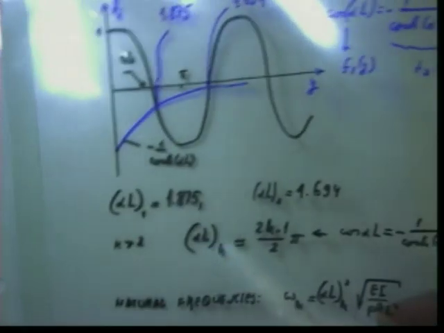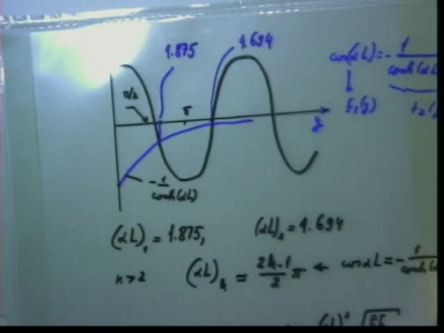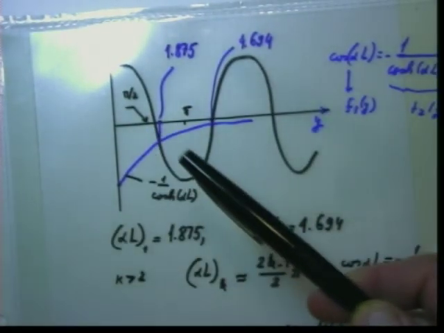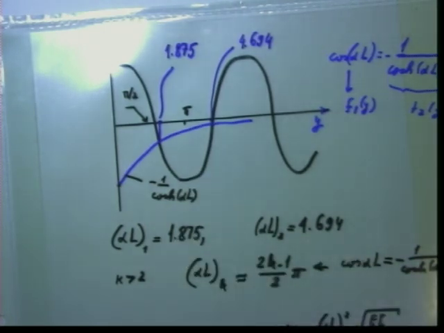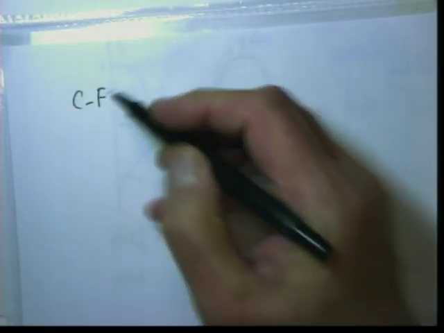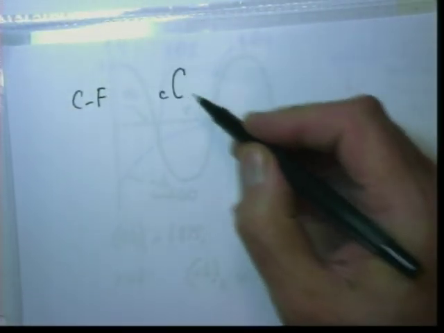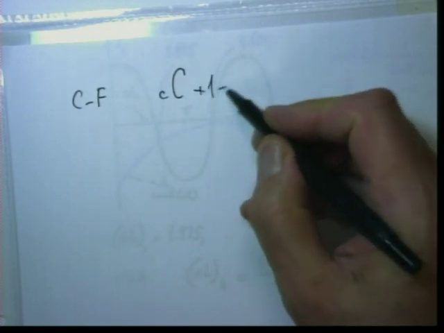Now, let us see, please, what happened to our clamped free beam. Okay, this is a clamped free beam natural frequencies. So here we had the difference. Here we have clamped free, that is CC plus 1 equals 0.